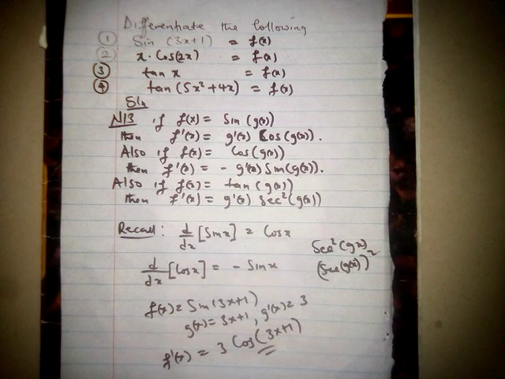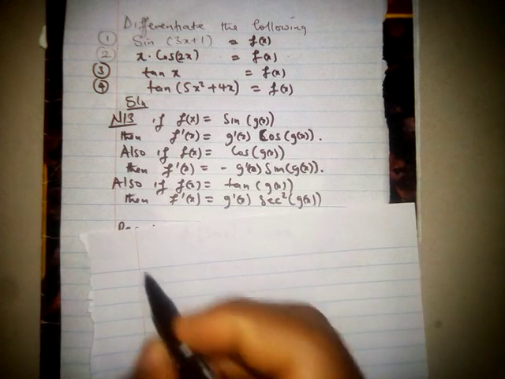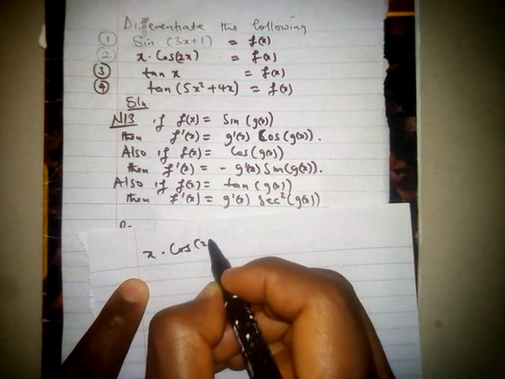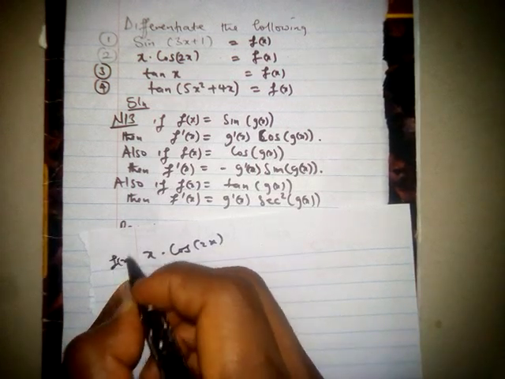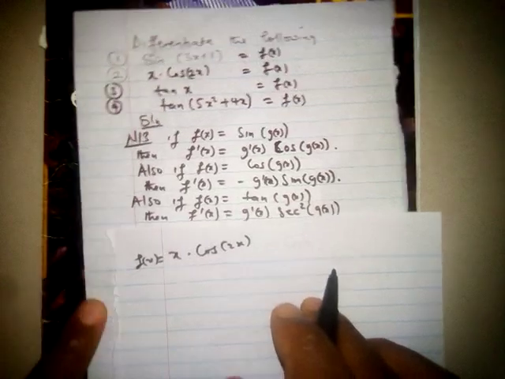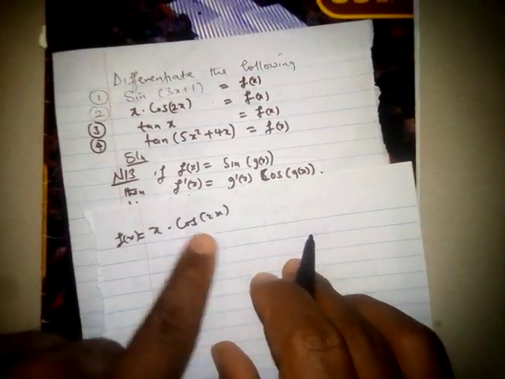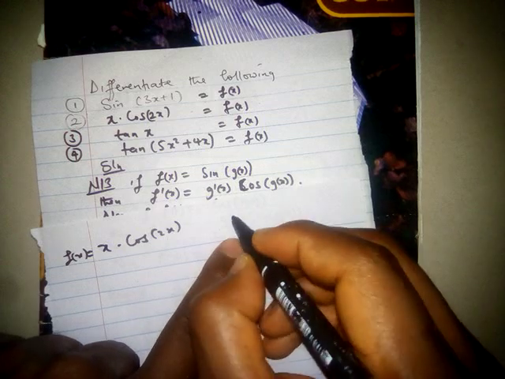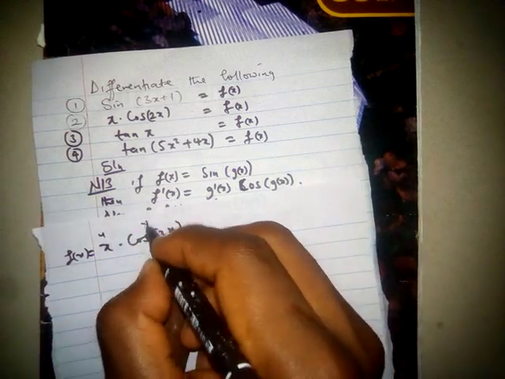Now the second one looks interesting. Do you know why? Because we have x times cos 2x. Now x is a function of x multiplying another function of x, cos 2x. So this is f of x equal to x cos 2x. When we have a function multiplying another function, we use the product rule. Let me take this to be my u and this my v.